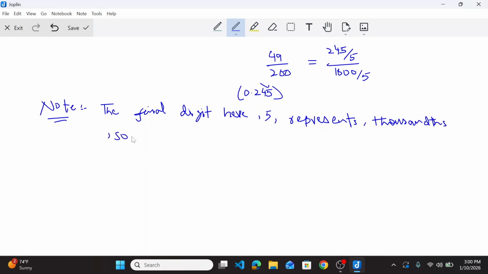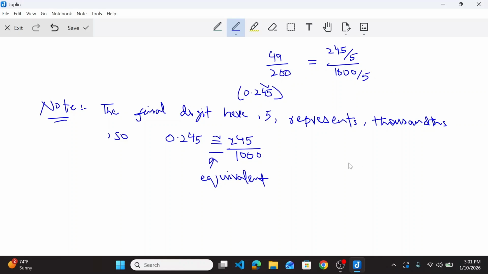So we can easily say 0.245 is equivalent to 245 divided by 1000. It's just an equivalent sign. I'm saying 0.245 is equivalent to 245 divided by 1000.